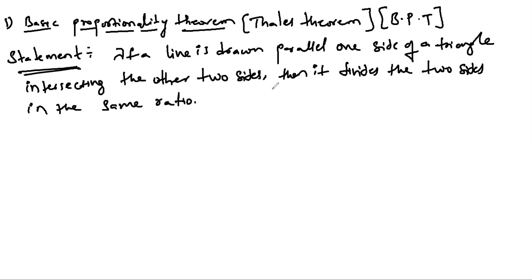So now we'll see. According to the statement, I'll draw the figure. If you're drawing one triangle like this, A, B, C. According to the statement, if a line is drawn parallel to one side of a triangle, you can draw it parallel to this side, or this side, or this side.